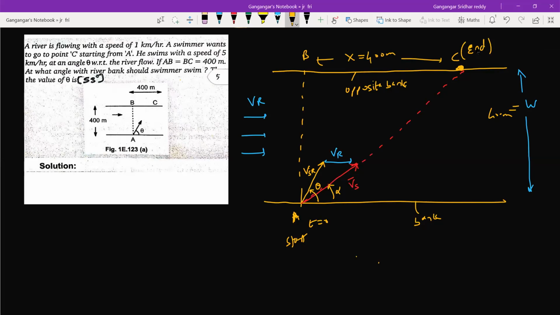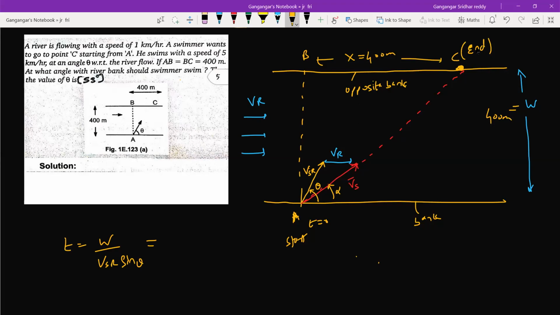So first we'll calculate the time taken to cross the river. We'll start from there. What is the expression for time taken? W by VSR sine theta. I am changing from problem to problem: in the previous problem cos theta, sometimes sine theta. The velocity of the swimmer with respect to the river along the y-axis will determine the time taken to cross the river. I think this is what I said.